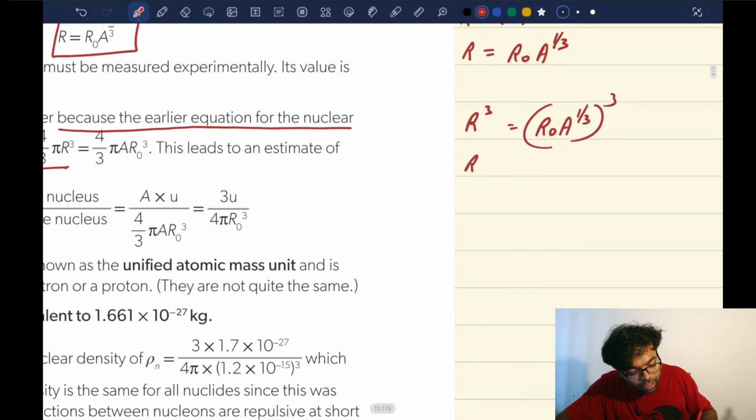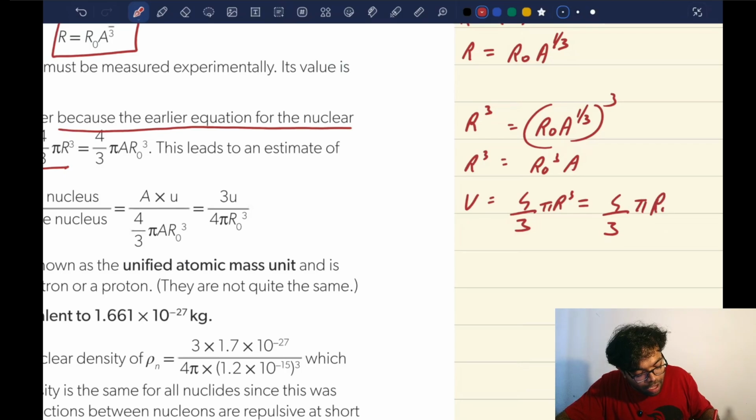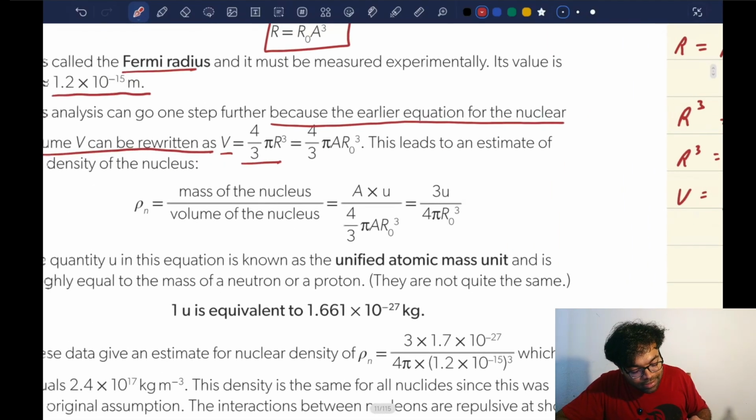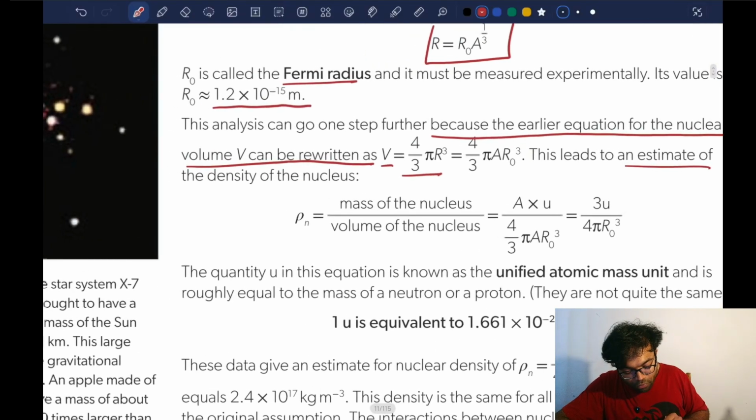So r cubed becomes r naught cubed A. The volume becomes 4 by 3 pi r naught the whole cubed multiplied by A. So this is the volume of the nucleus. This leads to an estimate of the density of the nucleus.